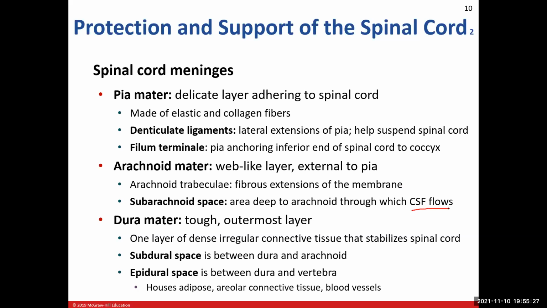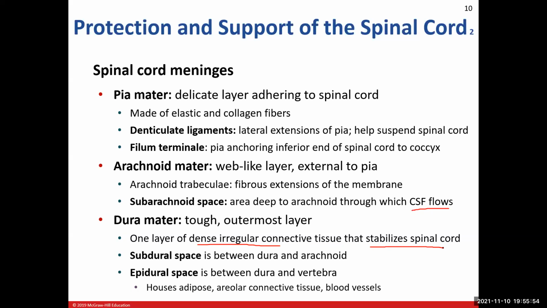The outermost layer, the dura mater, is made up of dense irregular connective tissue. Now up in the cranium it was 2 layers. Here down the spinal cord, it is 1 layer. A big role is obviously to protect the spinal cord, but it also is going to help to stabilize the spinal cord. So we have 2 spaces, both outside the dura mater and just deep to the dura mater.